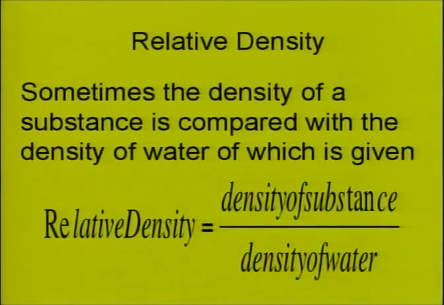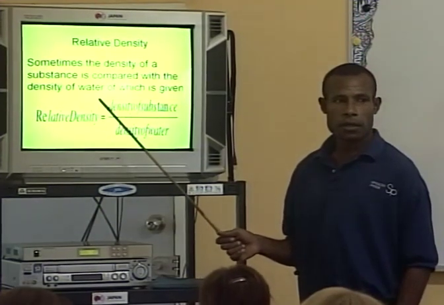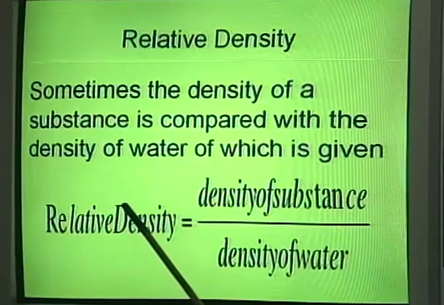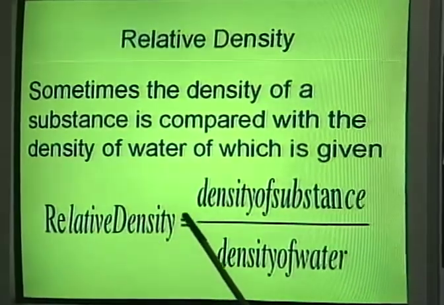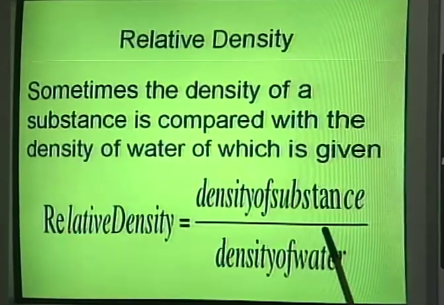Okay, when you have this one, the relative density. Relative density is simply when you compare the density of a substance with that of water, and it is given by this formula: relative density equals the density of the substance over the density of water.